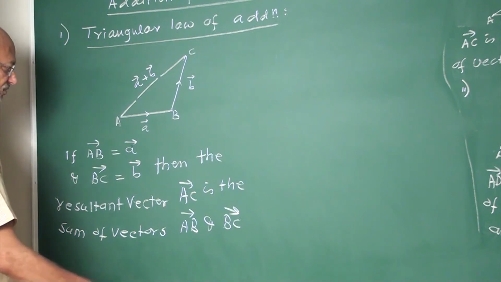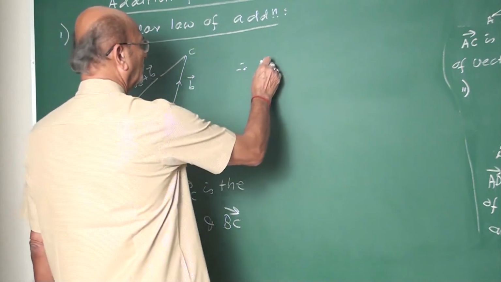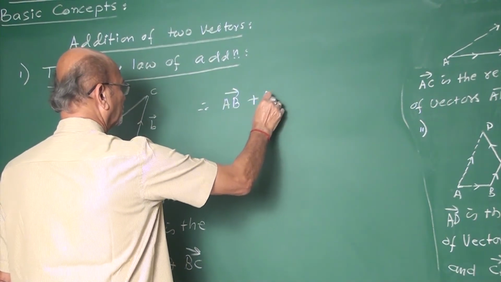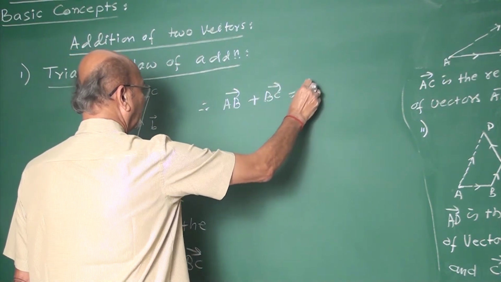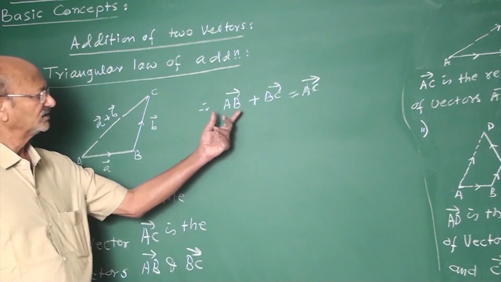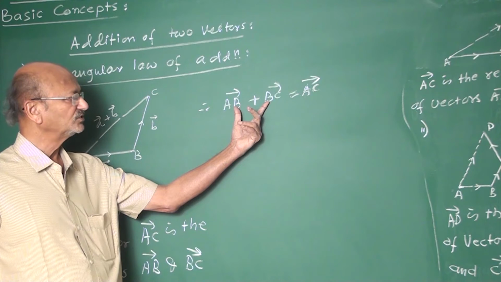Yes, my friends. Therefore, tell me, what is the sum? AB plus BC is factor AC. What is there? See, end and beginning. Then what is your addition?